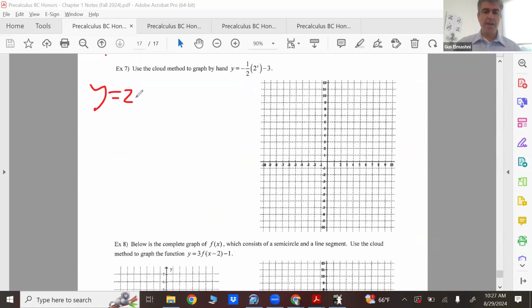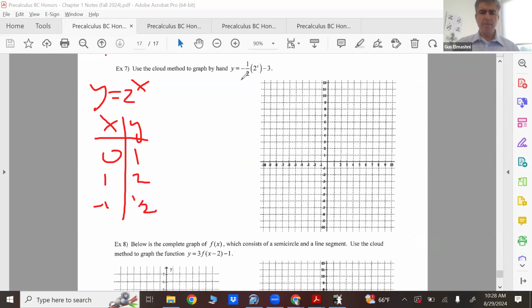Okay, y equals 2 to the x. I would do 0, 1, 1, 2. I'll do -1, 1/2. Same for this guy. What are we doing here? Only y changes.